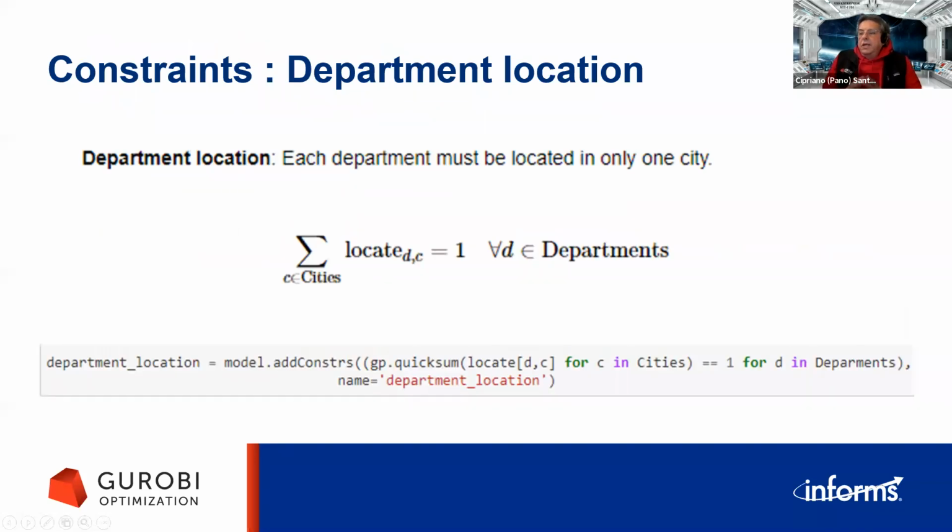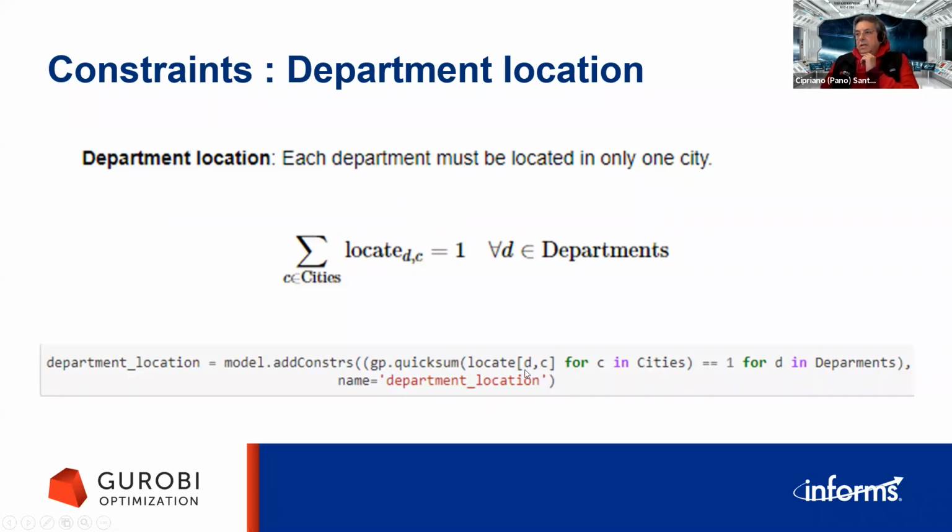We have a constraint here that a department must be located at one city. And we use the addConstr method, and we use the quicksum function, defined over the locate variables. And so this summation here is going to run over all the cities.